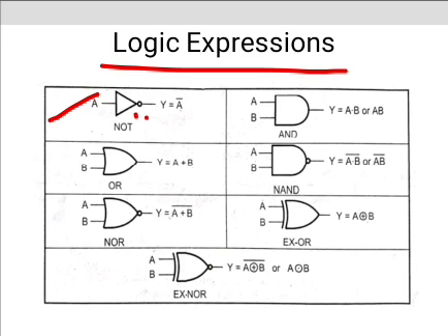So, A is the input and Y is the output. So, the output Y equals A complement. That means the complement of A. That means the output is the complement of the input.